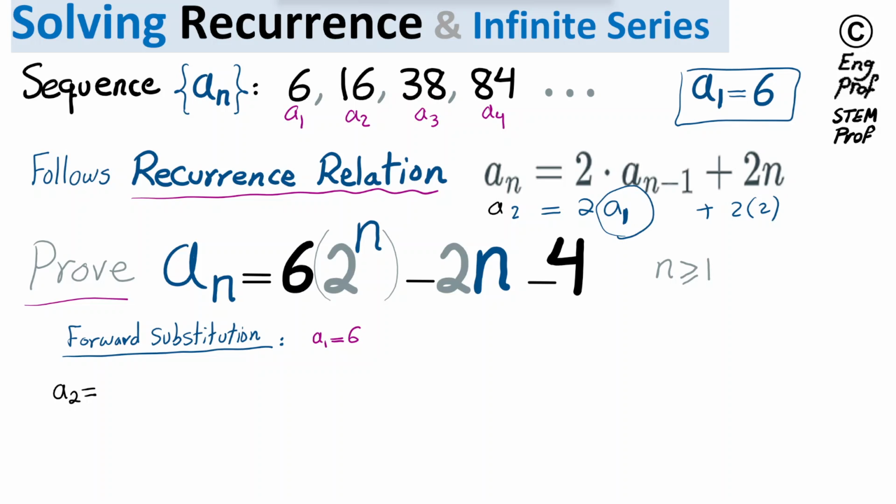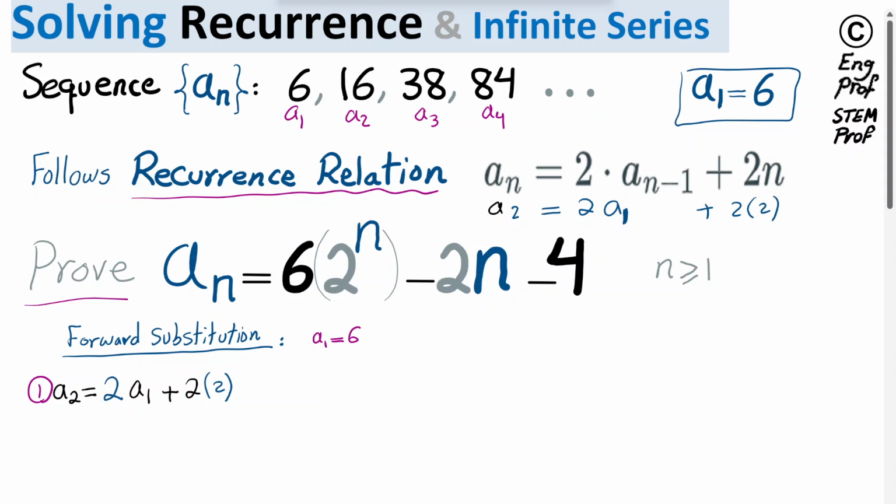Let's not substitute a1 with 6. We know its value is 6, but let's keep it as it is. So I am going to write 2 times a1, and then plus 2 times 2. Okay, so let's refer to this as equation 1.